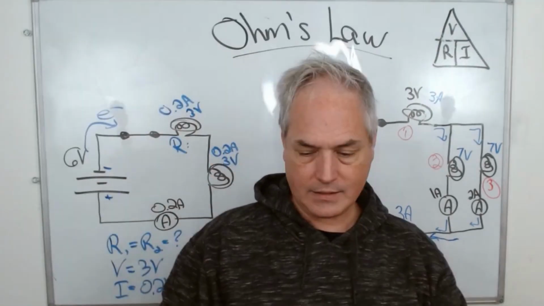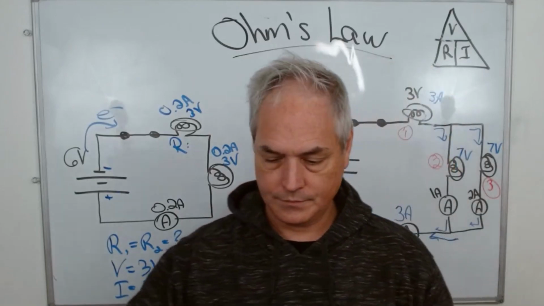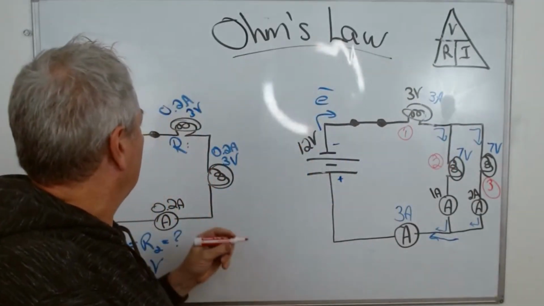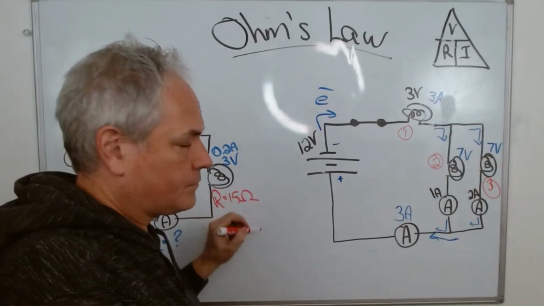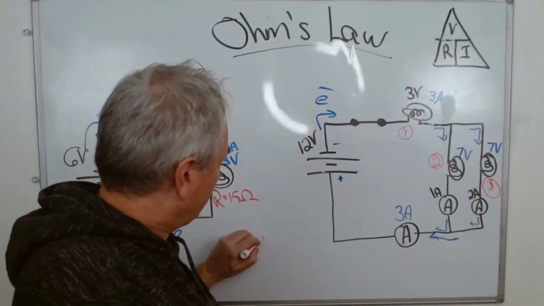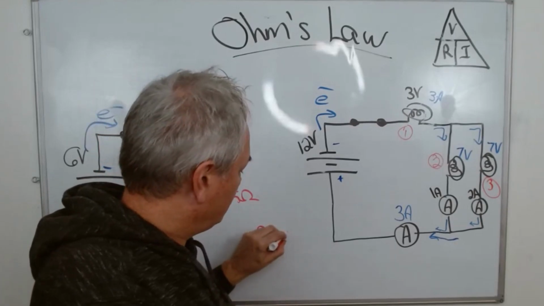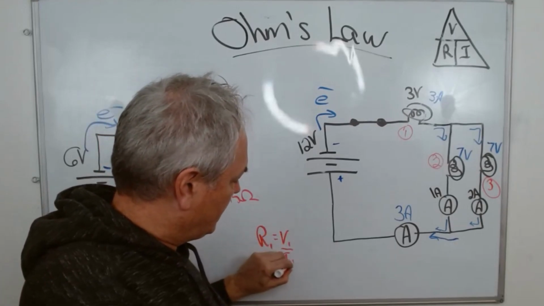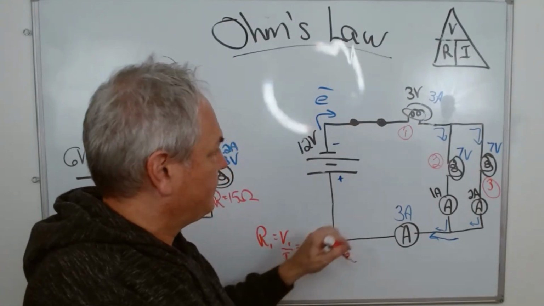So let's erase this bit right here. Perfect. We calculated it was 15 ohms. So we know that the resistance at the first bulb is the voltage at the first bulb divided by the current at the first bulb right here.